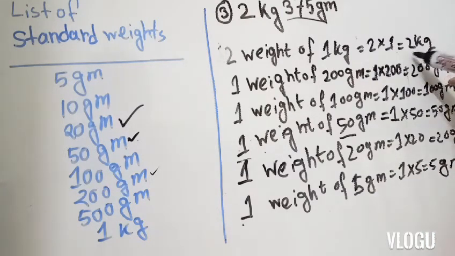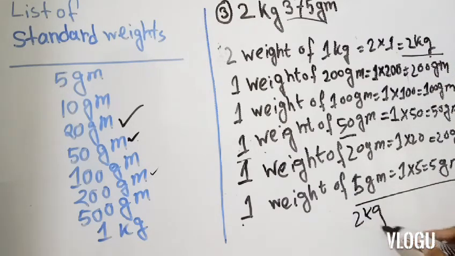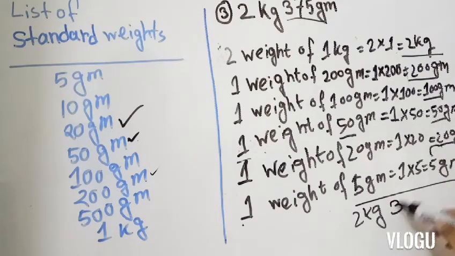If we add, we will get 2 kg here, and 200 with 100, 300, 350, 370, 375 gram. We can solve it in another ways.